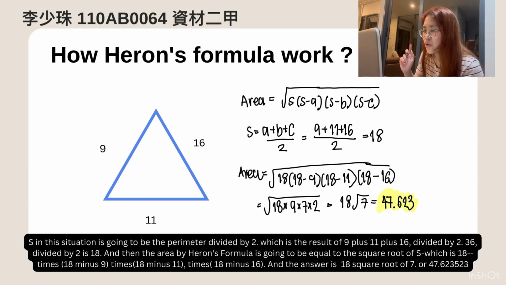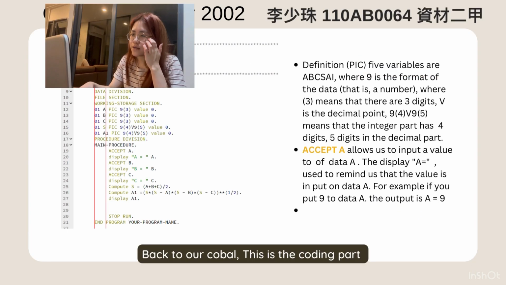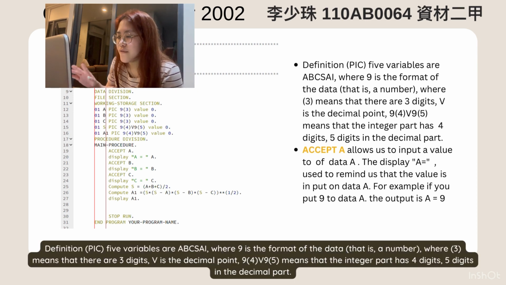Back to our COBOL. This is the coding part. Definition: PIC 5 variables are A, B, C, S, and AREA, where 9 is the format of the data, that is the number, 3 means that there are 3 digits, V is the decimal point, so 9(4)V9(5) means that the integer part has 4 digits and 5 digits in the decimal part.